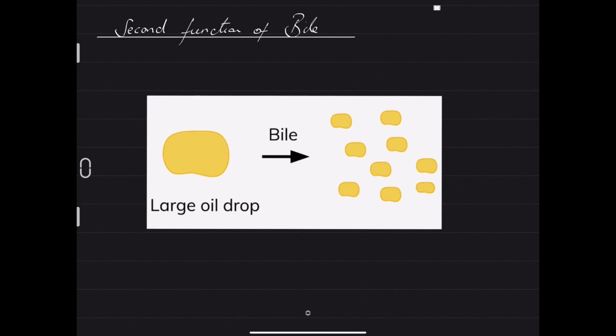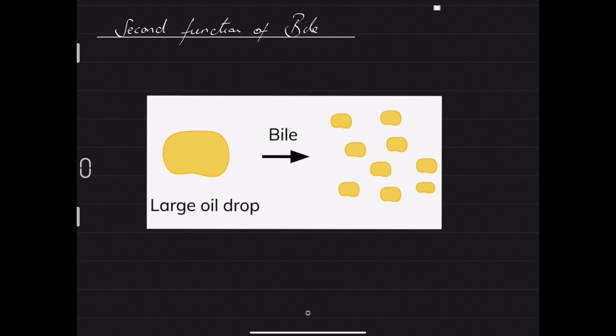So bile is used to emulsify. Not break down, it emulsifies the large lipid molecules. Now, it is important that you understand that lipids are emulsified, fats are emulsified by bile. Bile does not break down large fat molecules, it emulsifies it.